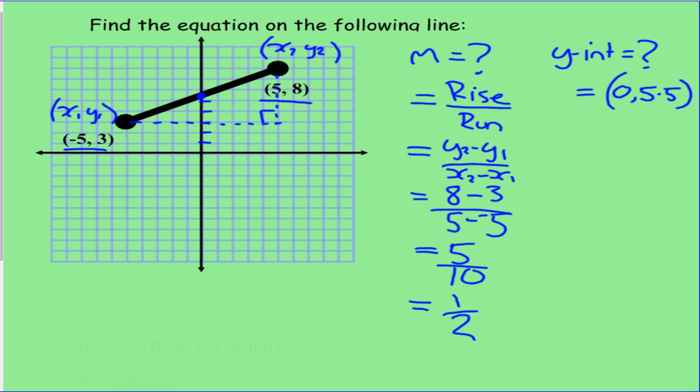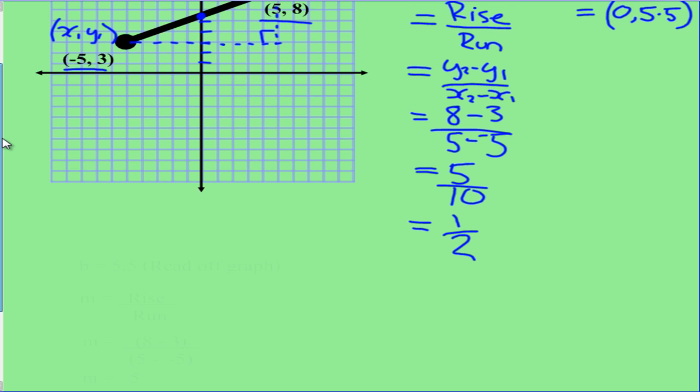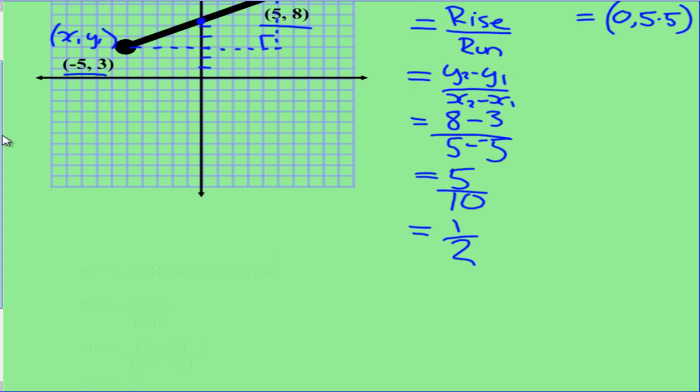So filling that out in an equation, the formula states that we can write an equation of a linear line as y equals mx plus b, where m is the gradient, so it is 1/2 of x plus our y-intercept, which is 5.5, or leaving it in terms of fractions, it is 11/2.